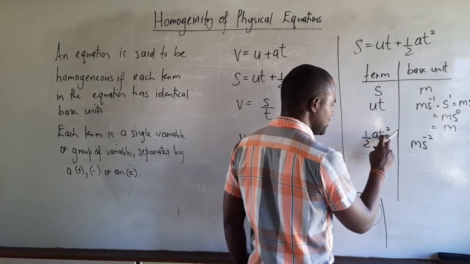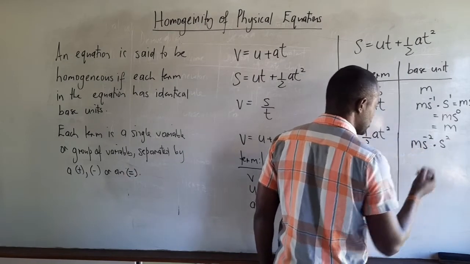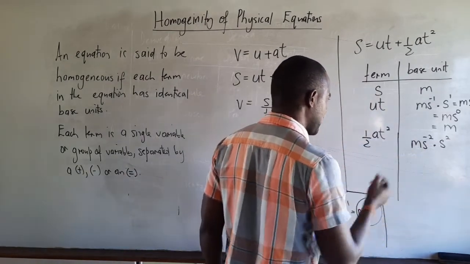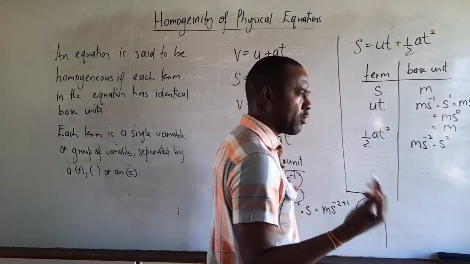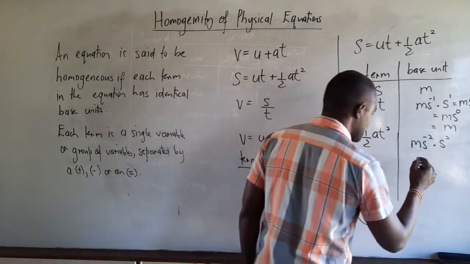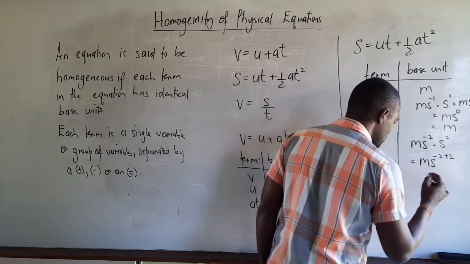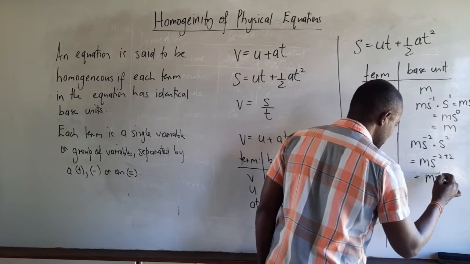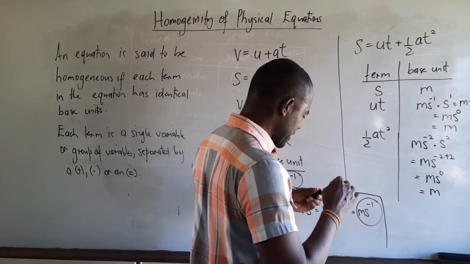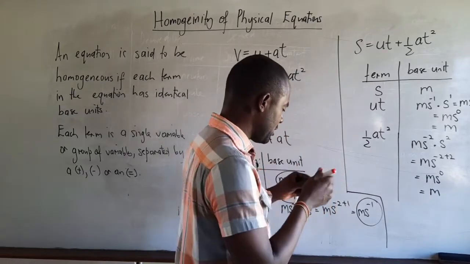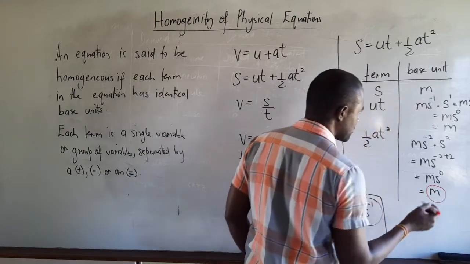But because it is t squared, then the unit of t squared, of course, is the second squared. And when we combine these two, minus 2 plus 2 gives us 0. Again, we're applying the laws of indices. And so this gives us meter s to the minus 2 plus 2, which is meter s to the 0, which is simply meter.